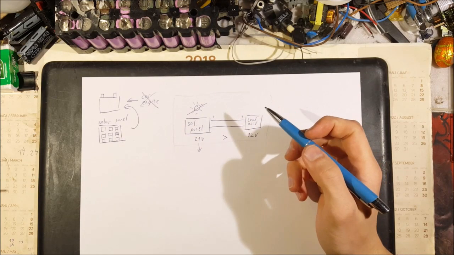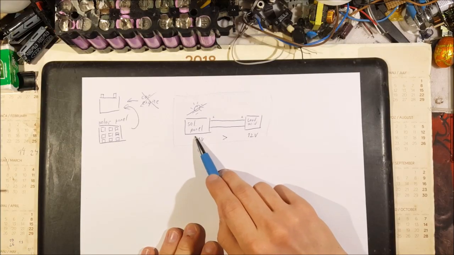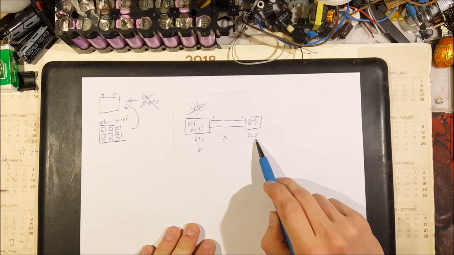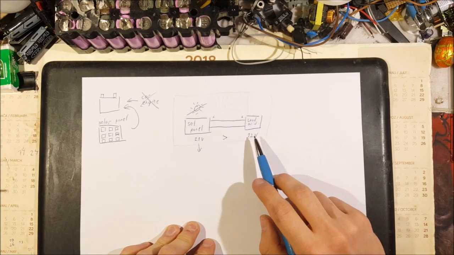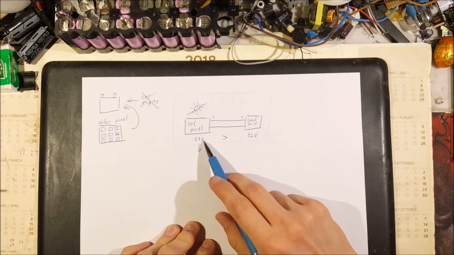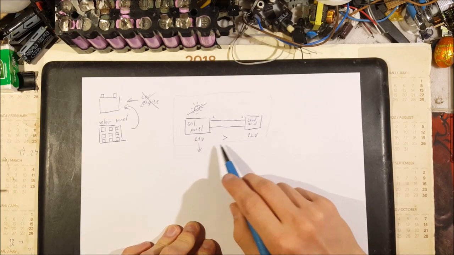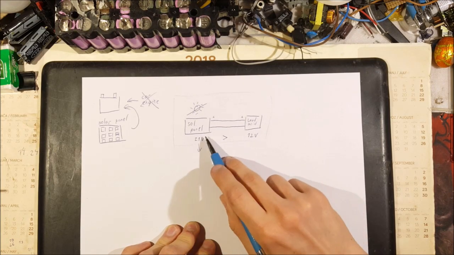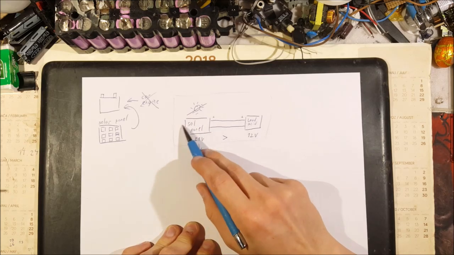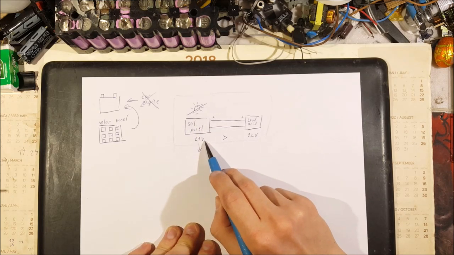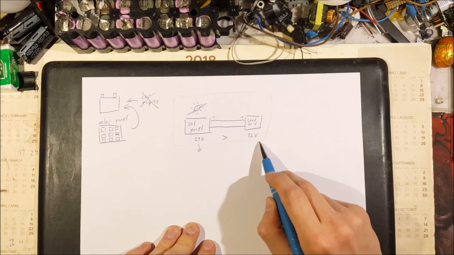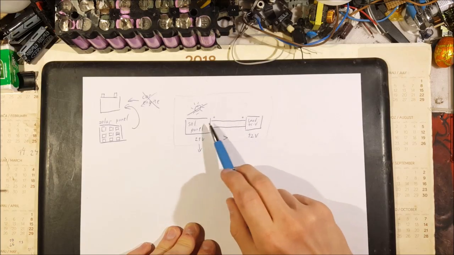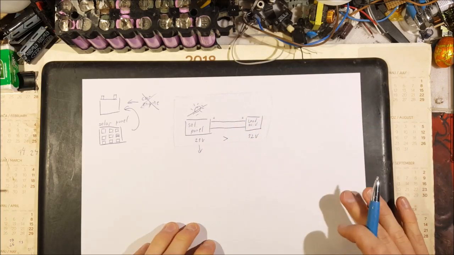And since we are connecting the solar panel directly to a 12 volt lead acid battery, that means that this voltage must drop to 12 volts, and whatever current is needed for the solar panel to drop from 21 volts down to 12 volts is the current that we will have flowing through the wire and charging our battery.